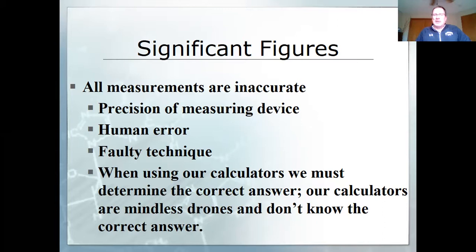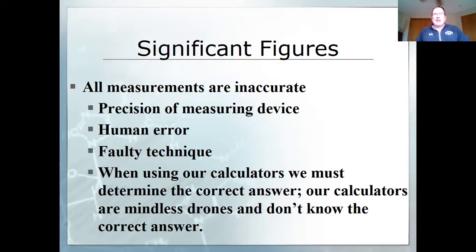Now, one thing to understand, and that's the slide here, all measurements aren't accurate. The precision of the measuring device is. Think about it this way, and this is what I experience with the majority of the students who start this.